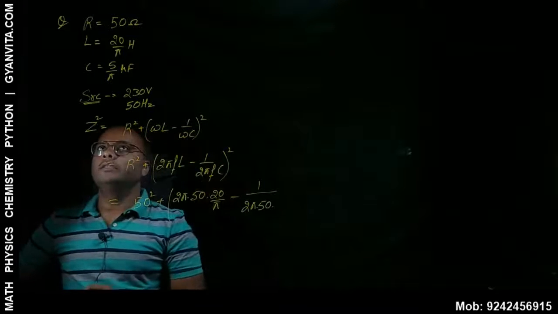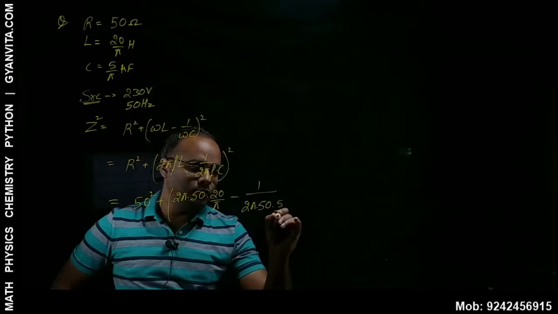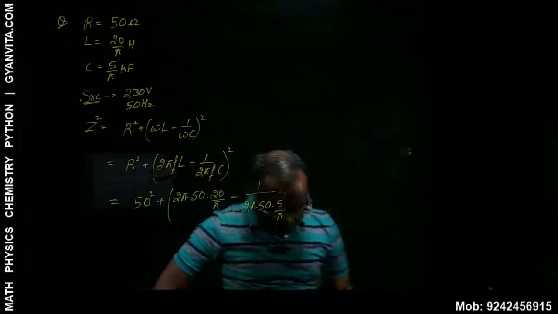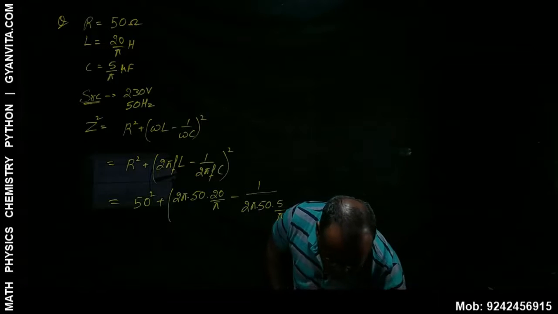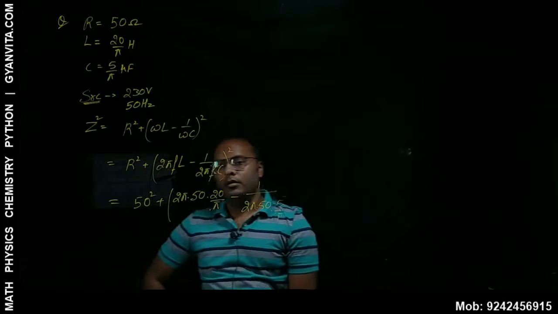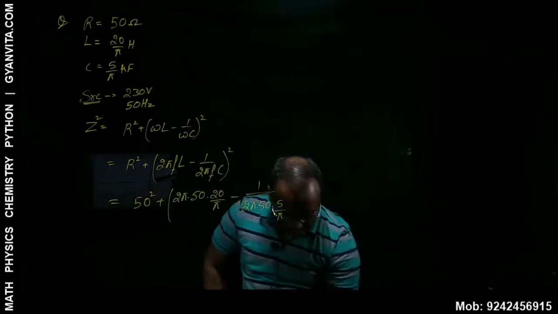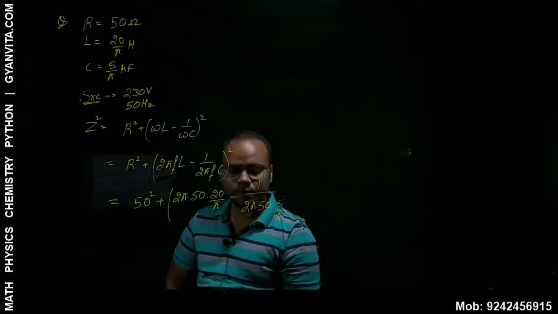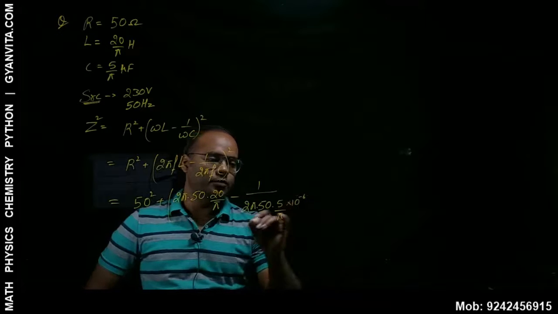Capacitance is 5 by pi microfarad. So let's solve that. Micro means 10 to the power minus 6.